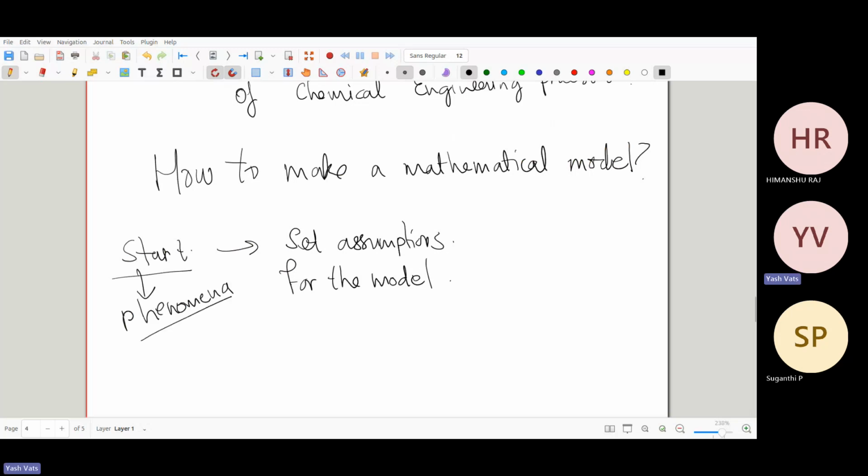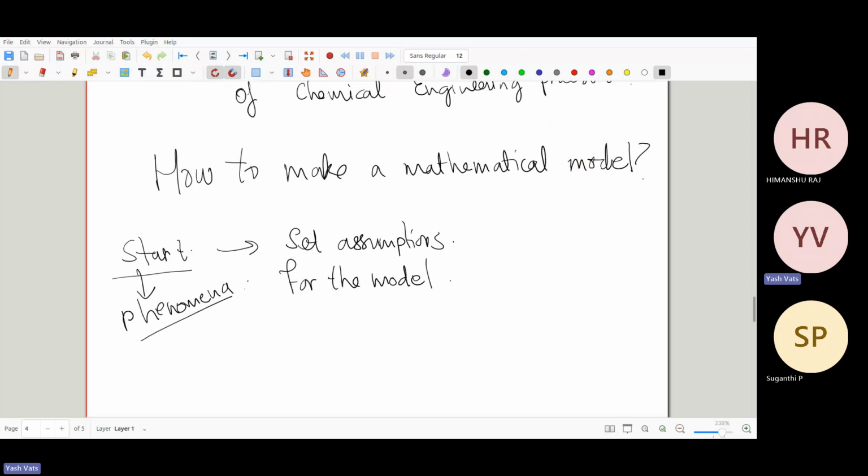A phenomenon is like, for example, the population is growing, or a virus is growing and infecting people. So you observe a particular phenomenon and then set assumptions for the model. What assumptions can you take? For example, we just consider the population size in a small city, not in the whole world. You provide some assumptions before you set up your model.